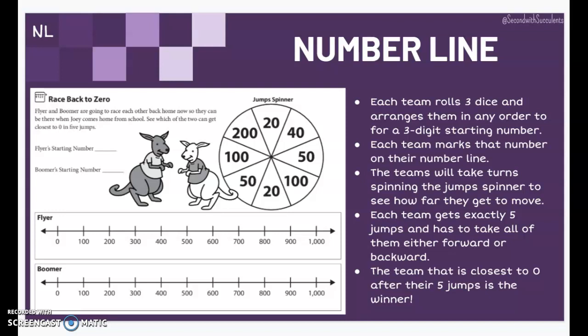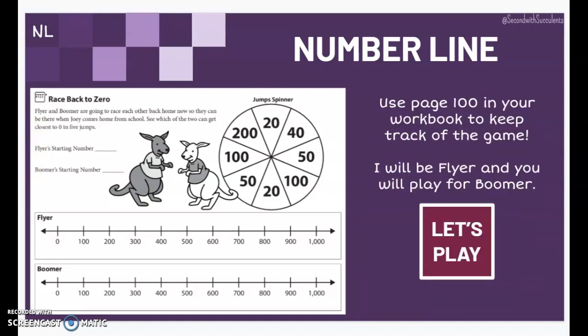Now I will be playing again for Flyer, and you will be playing again for Boomer. We'll use page 100 in our workbooks, that's the very last page in your Number Corner book, to keep track of this game. Again, I'm Flyer, and you are Boomer.